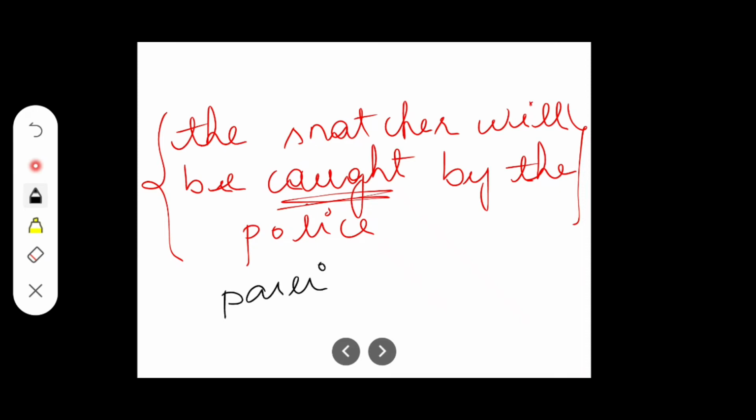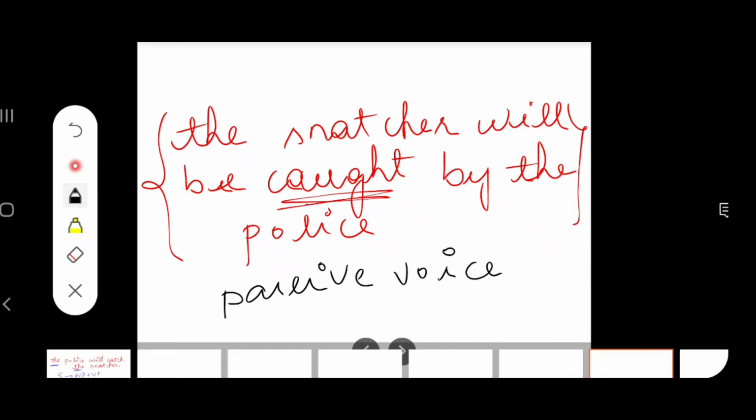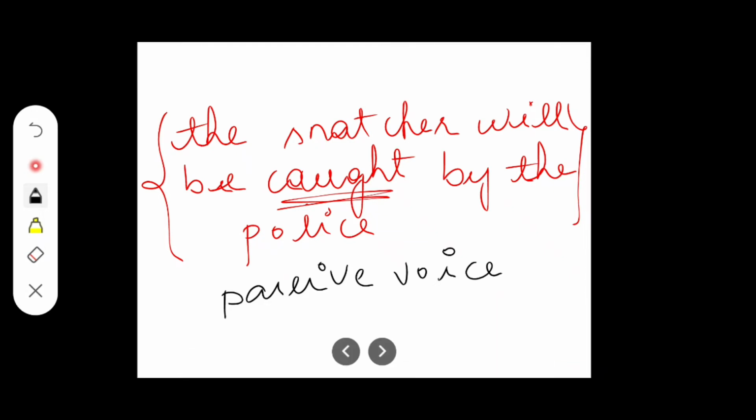The previous example I took, the police will catch the snatcher, is the active sentence, and we have to construct the parse tree for this passive voice sentence, that is the snatcher will be caught by the police. We have to construct the parse tree again for this transformational grammar.